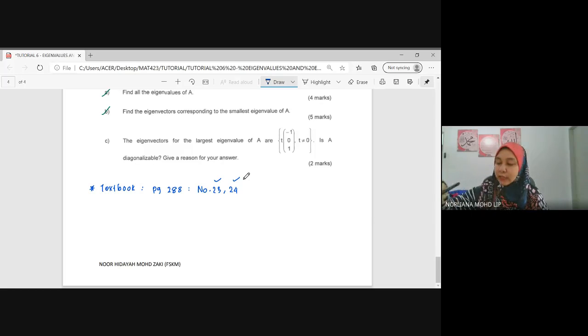Matrix 2 by 2 and 3 by 3. Gunakan theorem 6 yang tadi lah. Use theorem 6. Soalan past year tak pernah lagi keluar yang ni.